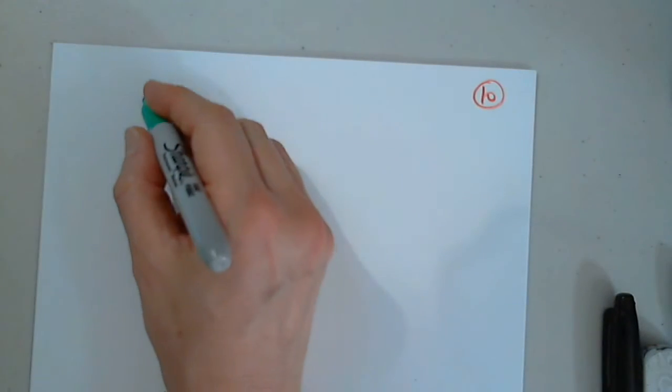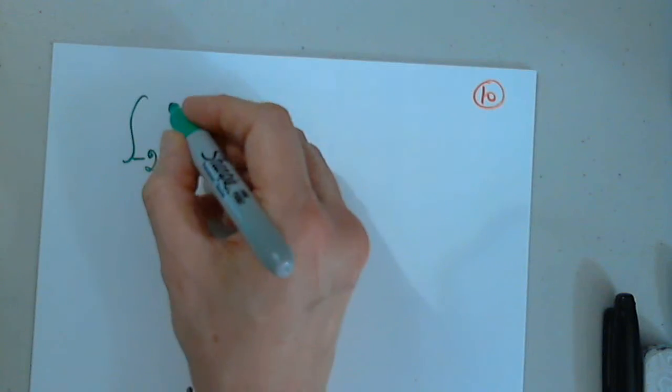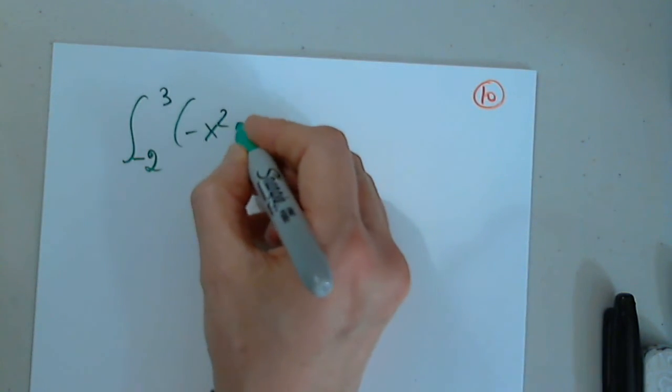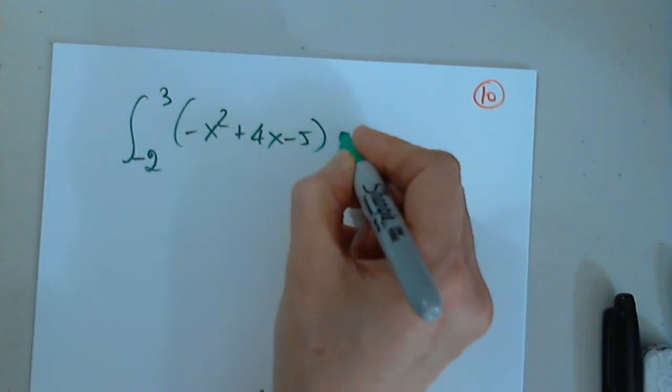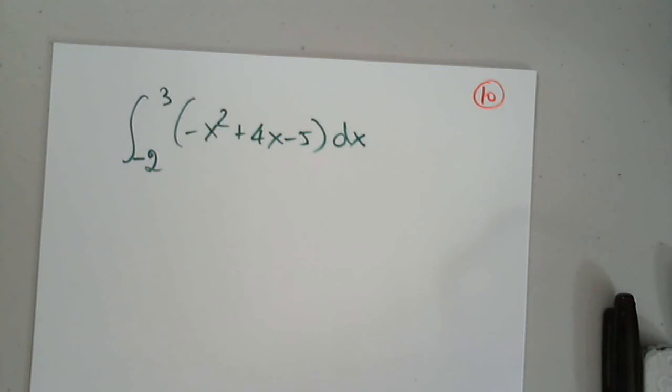So I want to choose a couple of other examples. Like, for example, the integral from -2 to 3, negative x squared plus 4x minus 5 dx. So this is another integral. It's a definite integral. The answer has to be a number.